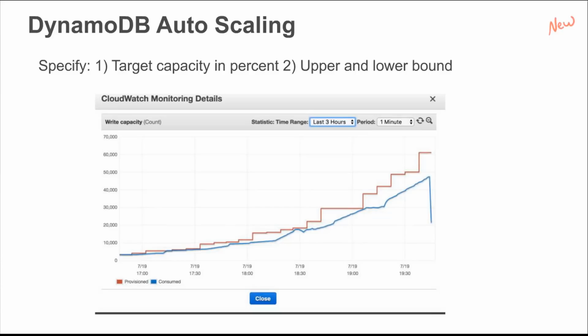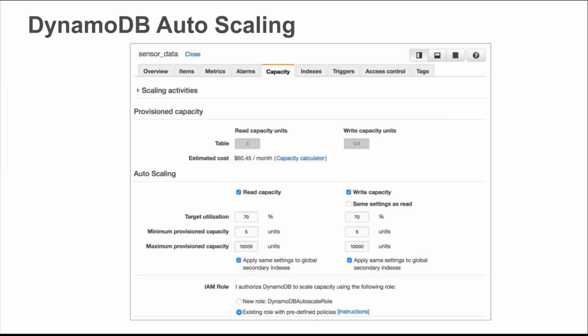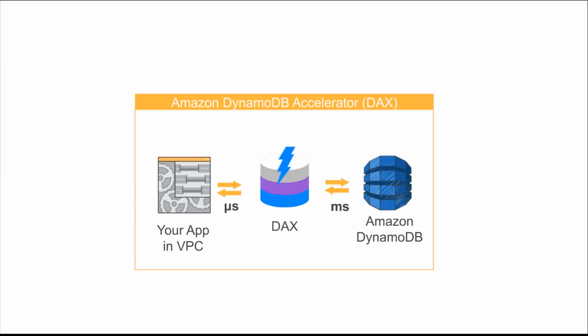Do note it has about a 5-minute response time: it's going to be about 5 minutes to increase capacity after you break your target utilization level. So for faster response, you may want to use something like Dynamic DynamoDB, which we have on our website. You choose the target utilization, which is the percentage of consumption that you want the table to be at. And of course, you can control the cost by setting the minimum and maximum provisioned capacity.